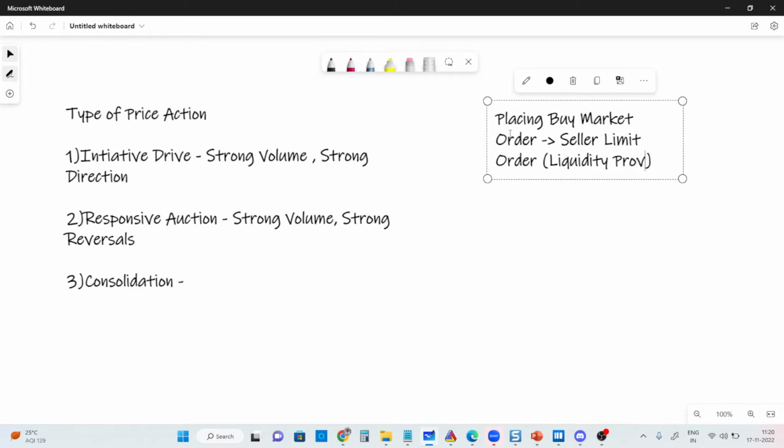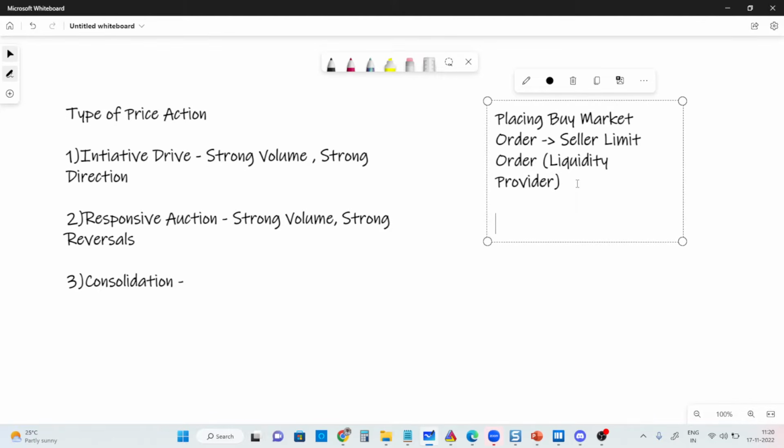That liquidity provider can be a high frequency trader, a market maker, or even at times institutions, if institutions are accumulating and distributing. But 80% of the time I'm buying from a liquidity provider. If I'm placing a buy market order, I'm buying from a market maker.